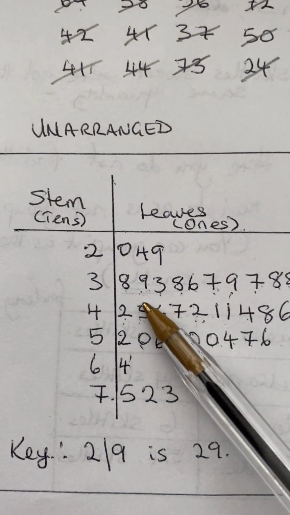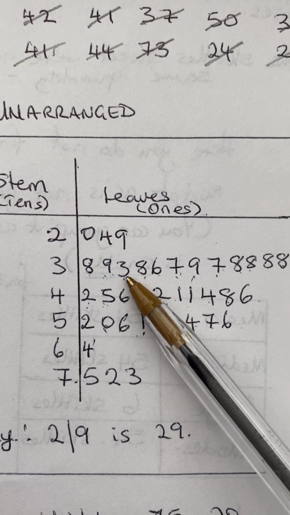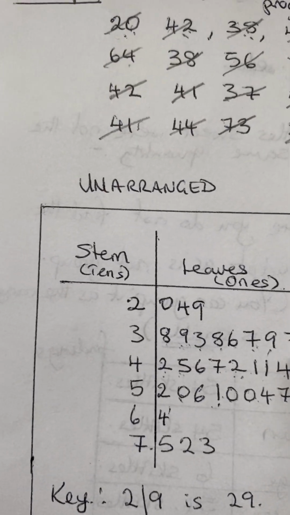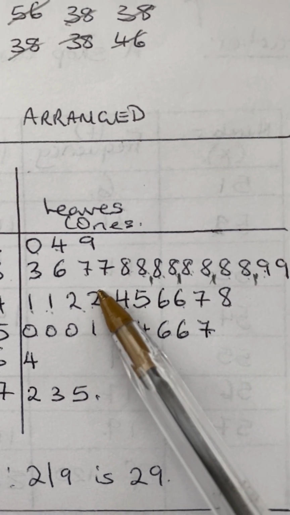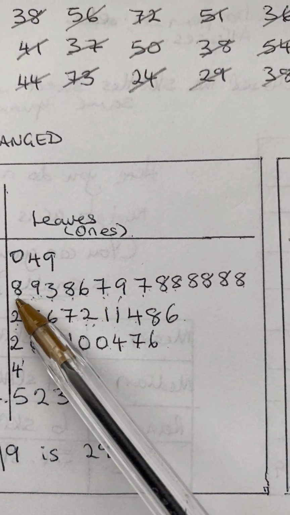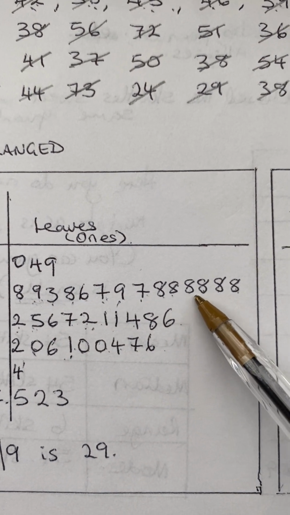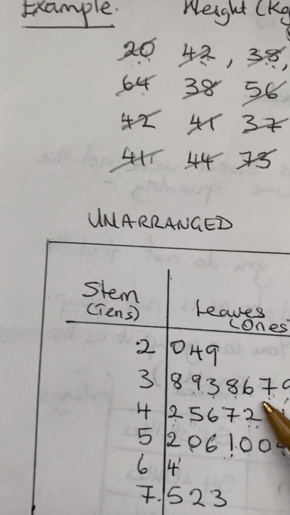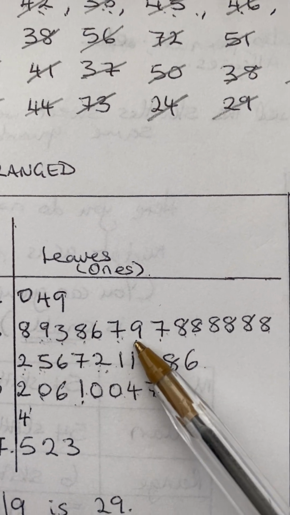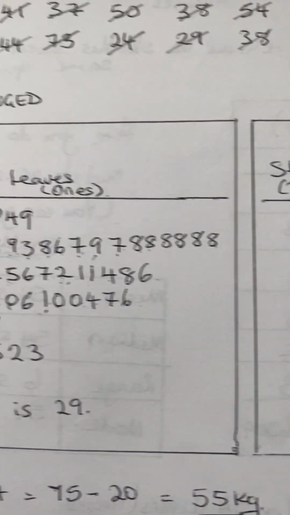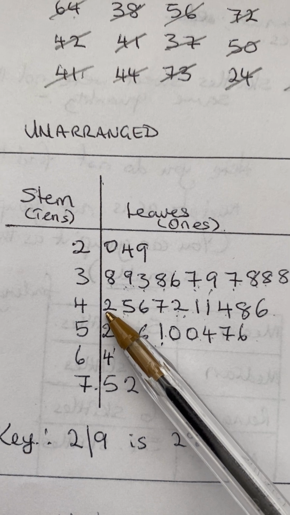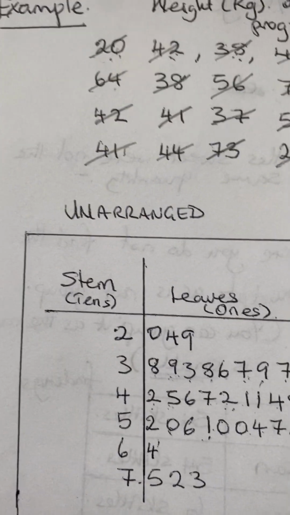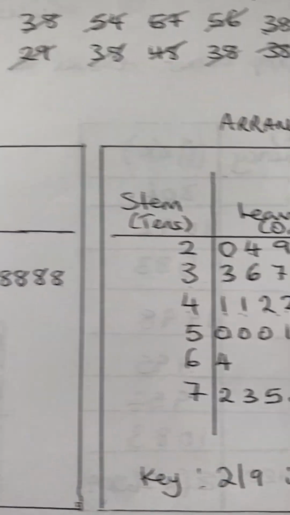For the second one, I have 33 once, 36 once, so 6, 37 twice, and then 38: 1, 2, 3, 4, 5, 6, 7, 8. So 8 of the 38 and 2 39s, 1 and 2.